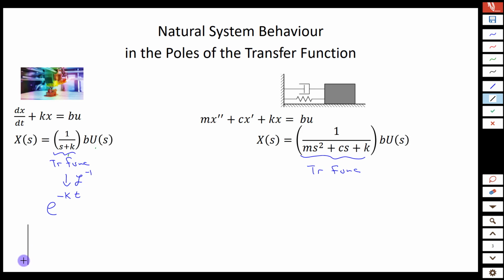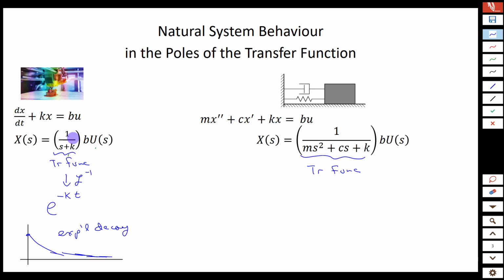Well, that's no shock whatsoever for a temperature model. In fact, we know that that would demonstrate a decay at a rate defined by the k value. And that exponential decay somehow characterizes the natural behavior of the system.